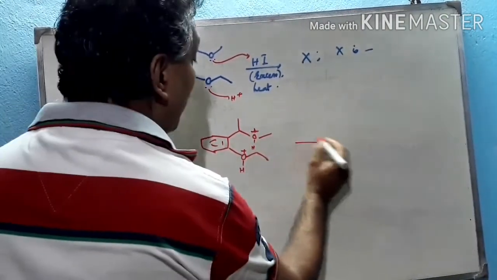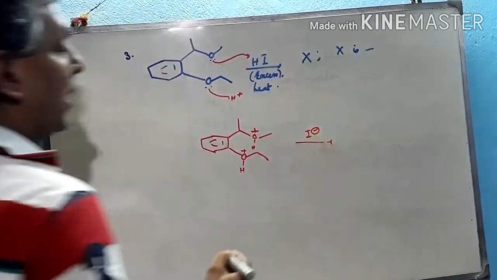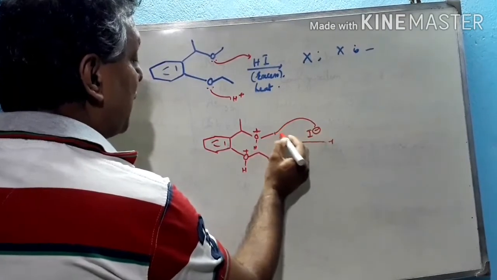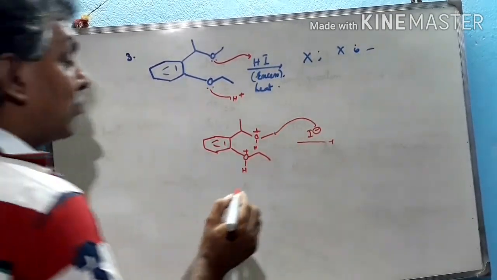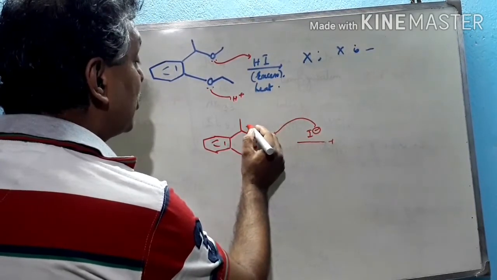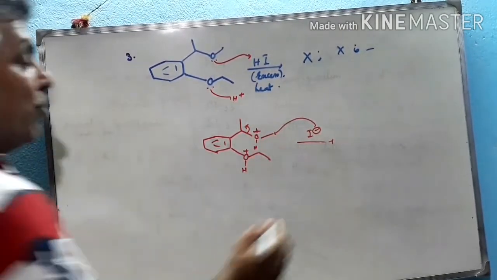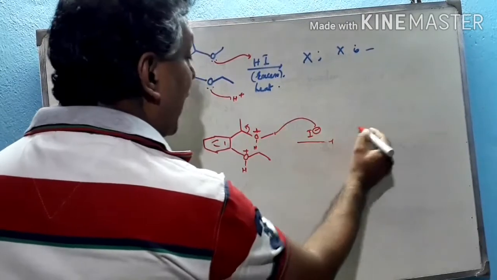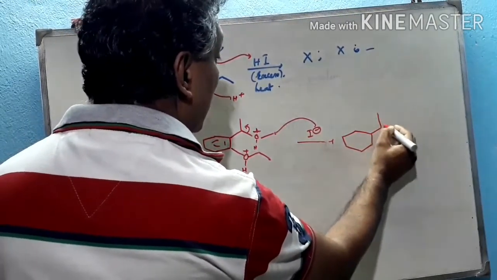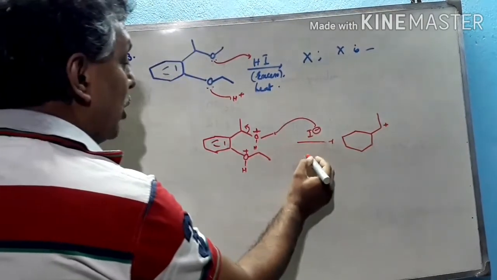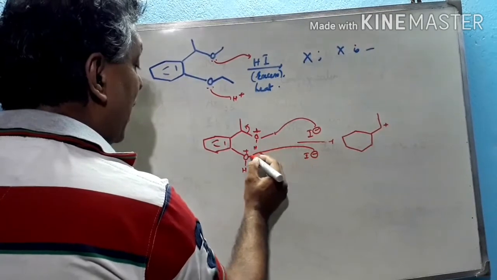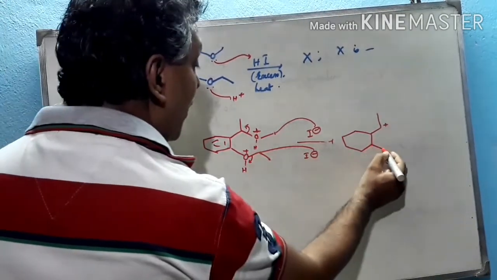Now, whenever iodine minus attacks this center, because iodine doesn't attack the benzene ring, the bond dissociates to form a carbocation here. Another I minus, when it attacks this center, forms the alcohol, the phenolic part.